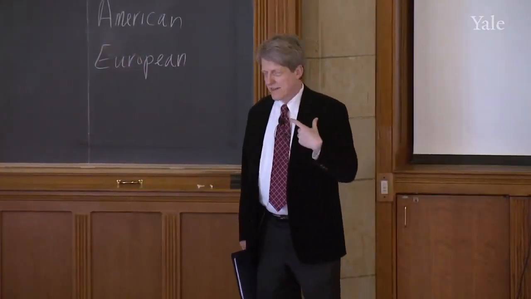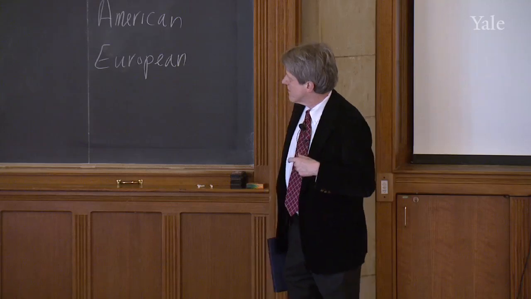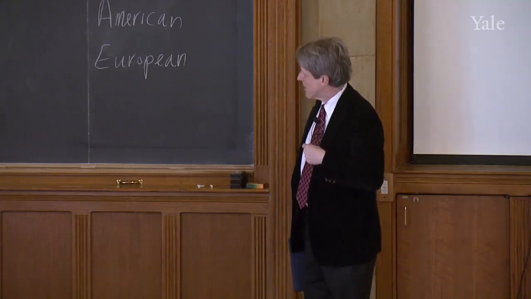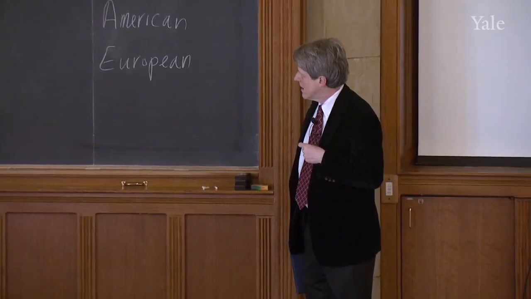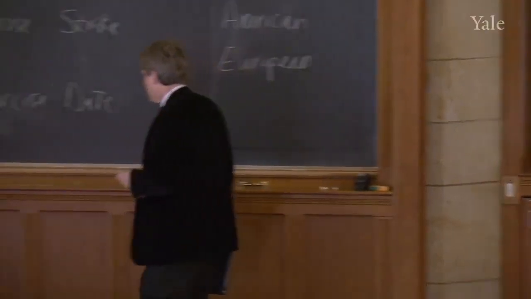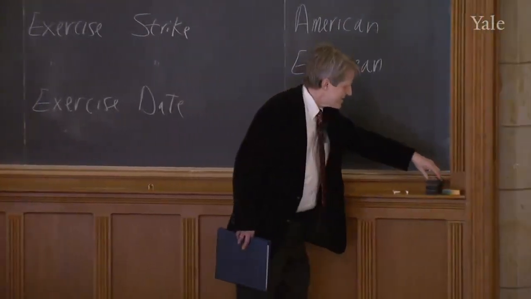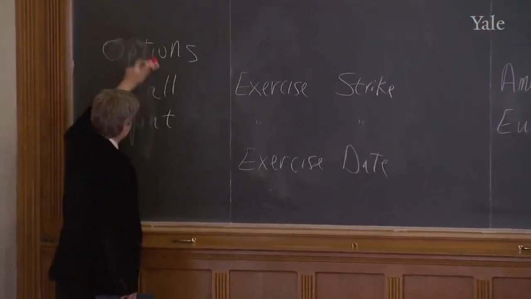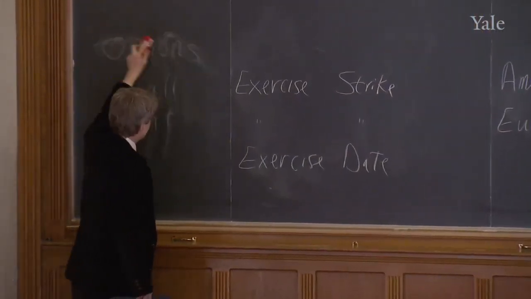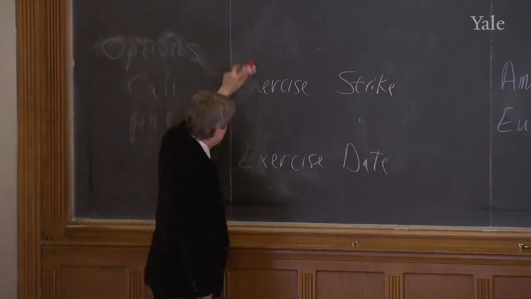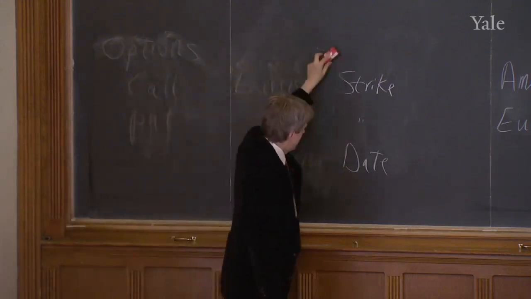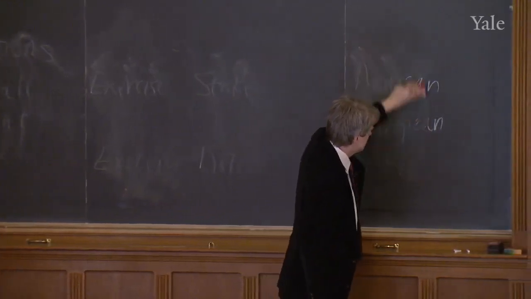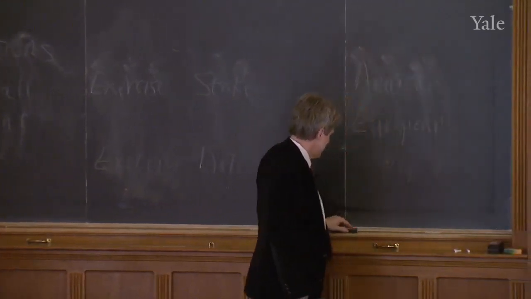So option pricing gets into all sorts of things. Okay, so I thought I should say something about the purposes of options before I move on to try to discuss their properties and pricing, which is the main subject of this lecture.